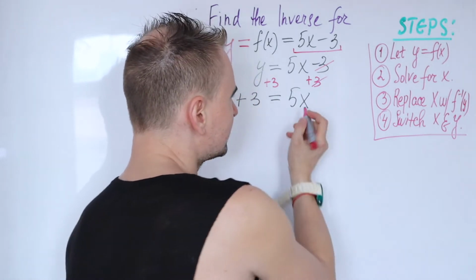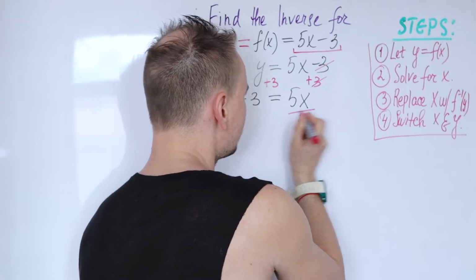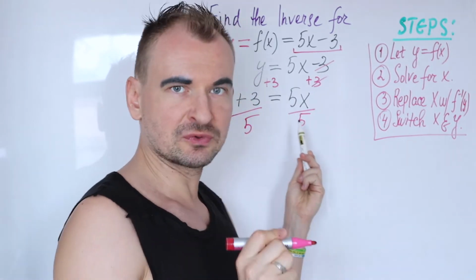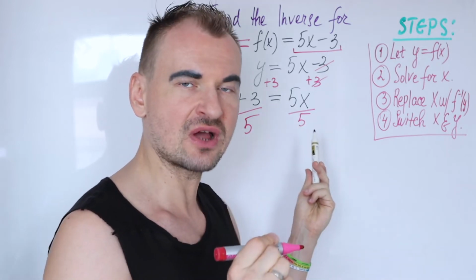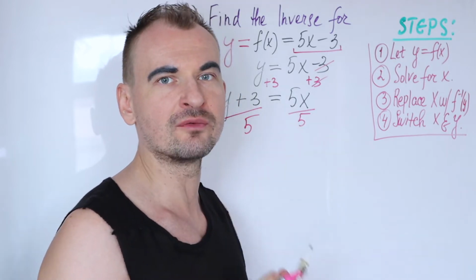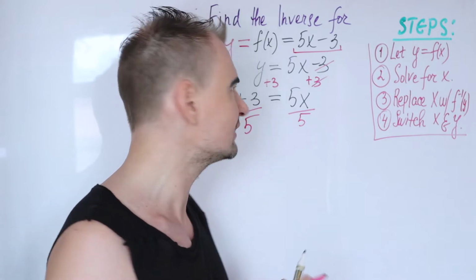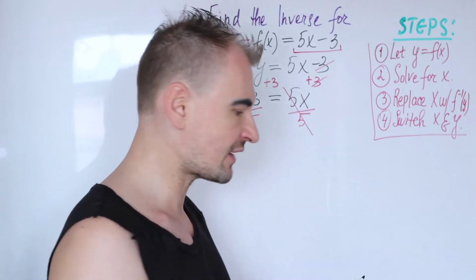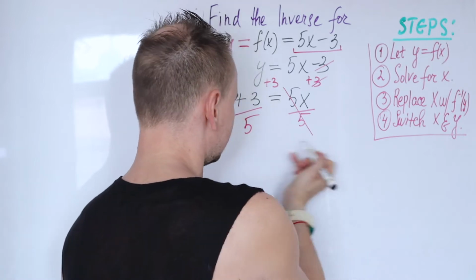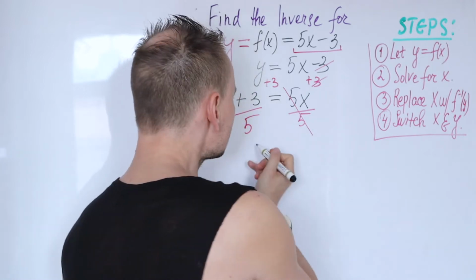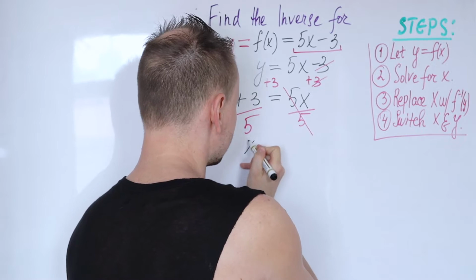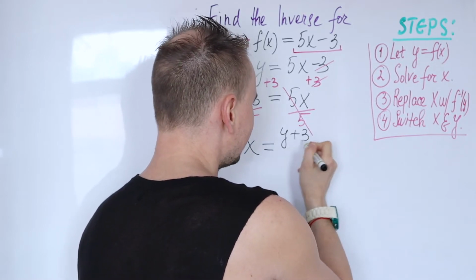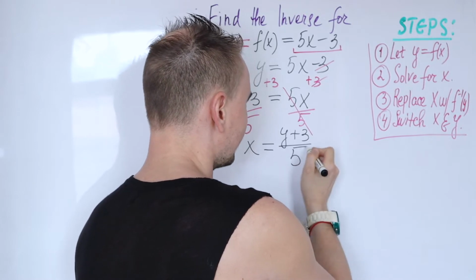All you need to do is just divide by 5 both sides of your equation, since what you do to one side, you have to do to the other side. You don't want to change the overall value of the equation, keep it balanced. And since these 5 cancel each other out, you would be left with, so I will just write it in the inverse order, x equals y plus 3 over 5.